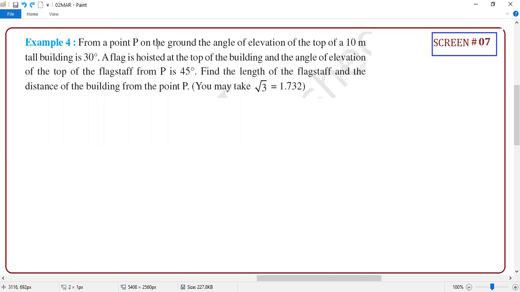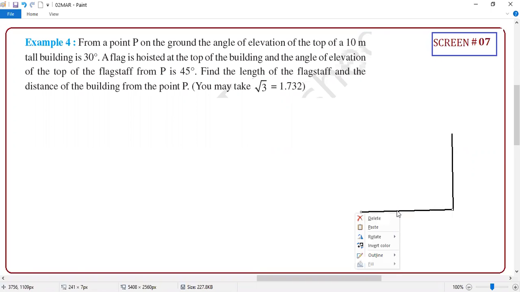From the point P on the ground, the angle of elevation of the top of a 10-meter tall building. Okay. So, guys, this is a building.